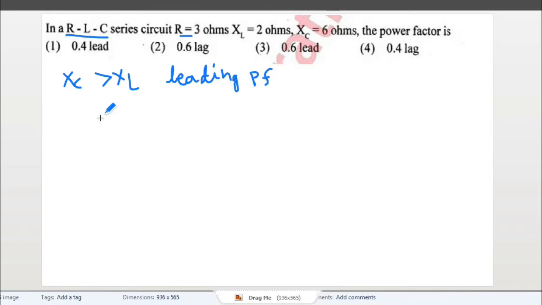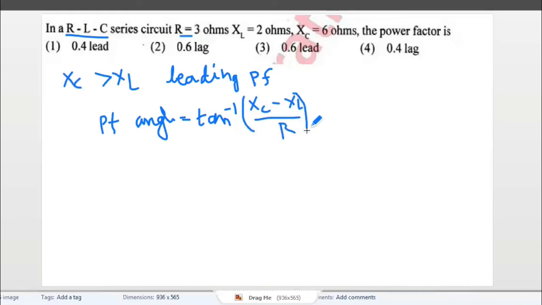Now the power factor angle is given by tan inverse of, as XC is greater than XL, XC minus XL divided by R. So this becomes tan inverse of XC minus XL, it is 4, divided by 3.